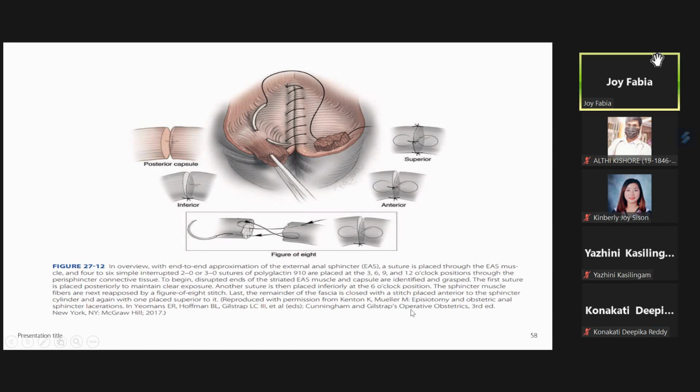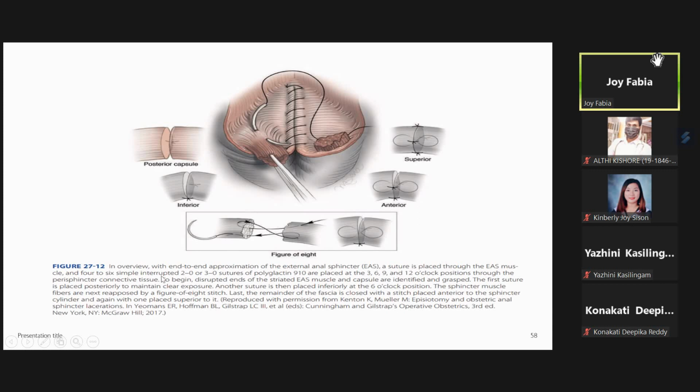So here in the external anal sphincter, we have the 3 o'clock, and then the 6 o'clock, and after the 3 o'clock and 6 o'clock suturing, we can do the figure 8, followed by the 9 o'clock and 12 o'clock suturing. So posterior, inferior, then figure 8, anterior, and then superior.